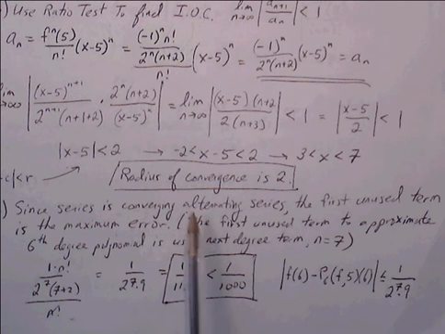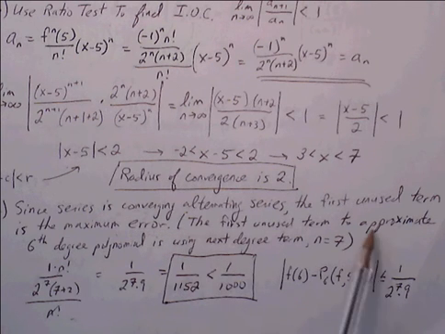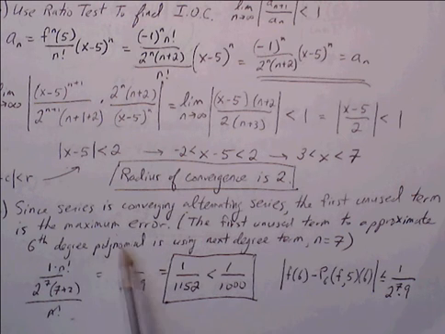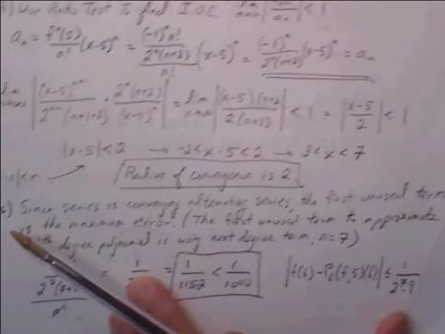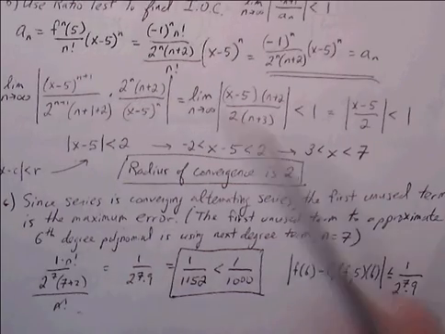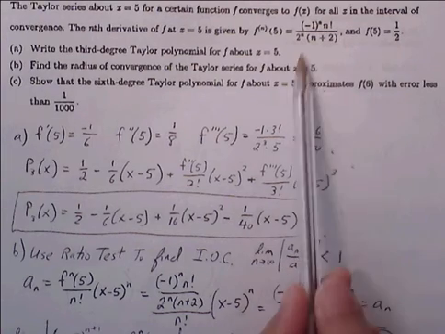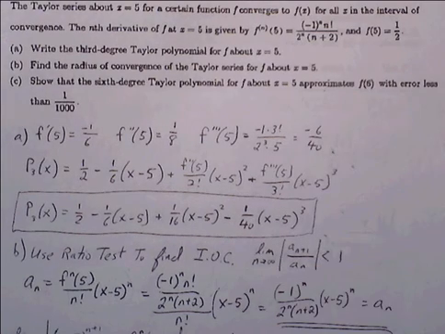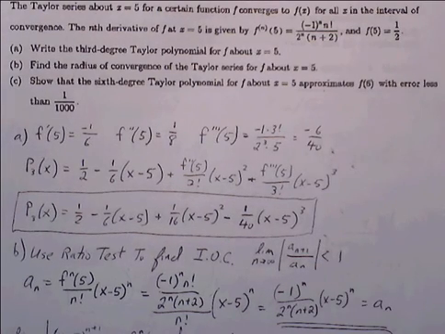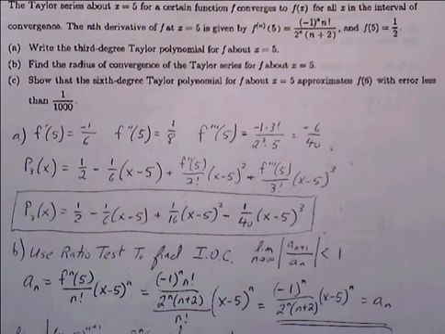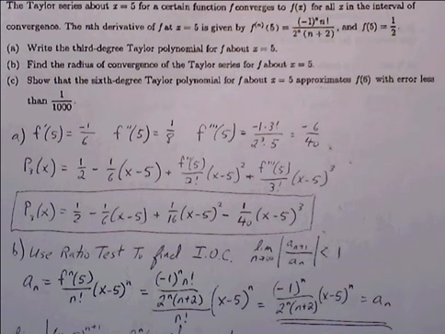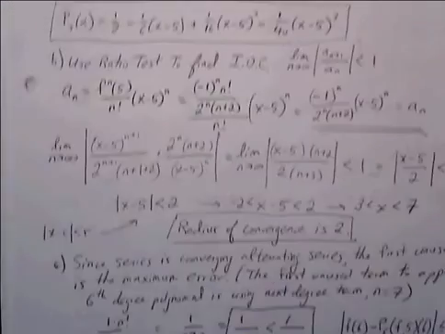So the first unused term for the 6th degree Taylor polynomial will be using the next degree up, which is n equals 7. So what that means is I can plug 7 into my rule of sequence, and that will represent the next unused term, which will represent the error of the approximation for that polynomial.